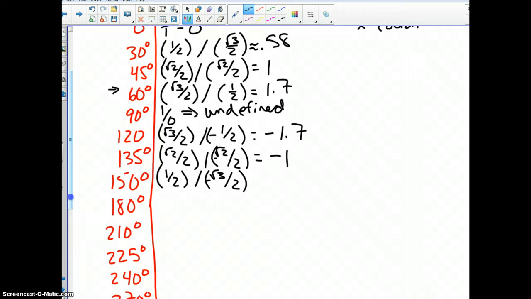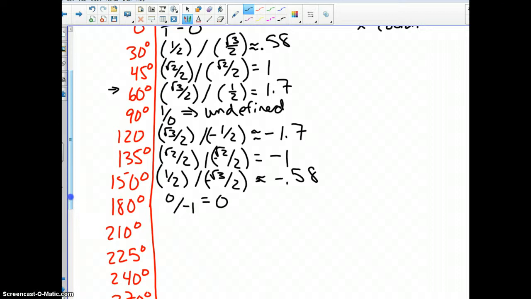So it's the same as 30 degrees only with a negative, and we realize that number is about negative 0.58. So far, we've calculated those. And then we go to 180. In this case, it's 0 divided by negative 1, which is still just going to be 0.